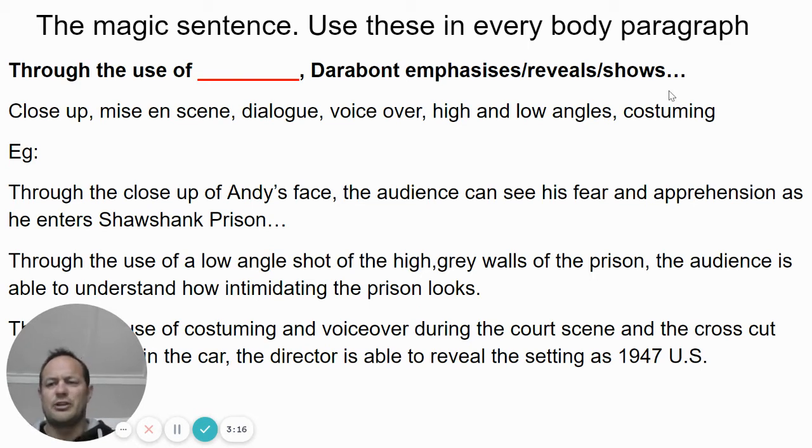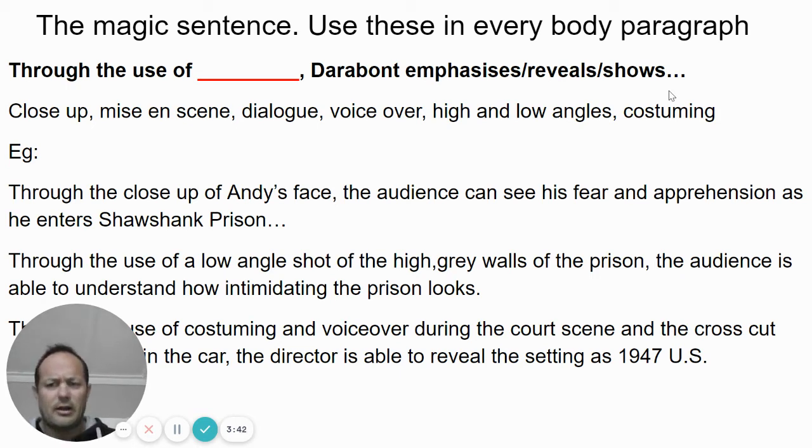Really, the key words are "through the use of", and we can substitute any number of techniques in here: close-up, mise en scene, dialogue, voiceover, high angles, low angles, costuming. Darabont emphasises, or Darabont reveals, or Darabont shows, and we don't even have to use the director's name all over the place. Here are some examples that show you.